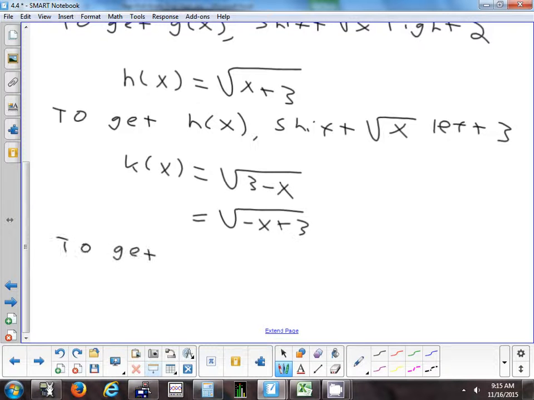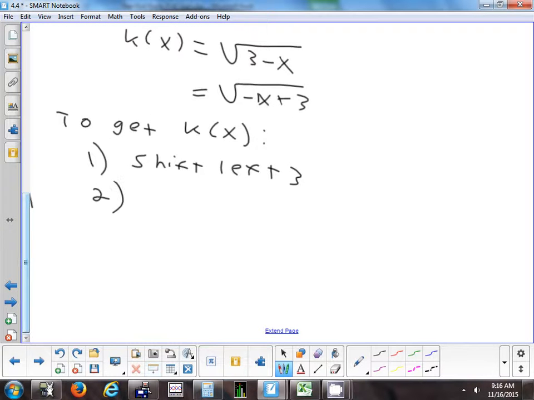The negative is going to do something. That's like your b. Think of it as -1 if you want. And plus 3, that's like your a. What's the plus 3 going to do? It's going to shift left. Yep, we just did that up above. So shift left 3.